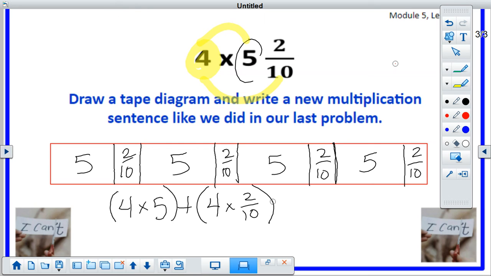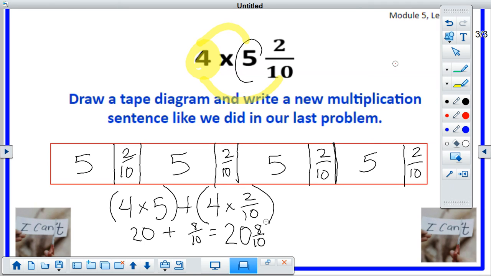And now I can solve that separately. 4 times 5 is 20. Add that to 4 times 2/10, which is 8/10. And luckily with this, I have a fraction that's in simplest form. So it's as simple as putting the 20 and 8/10 together.